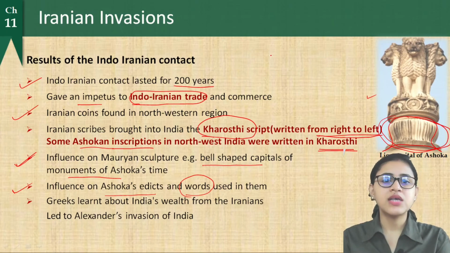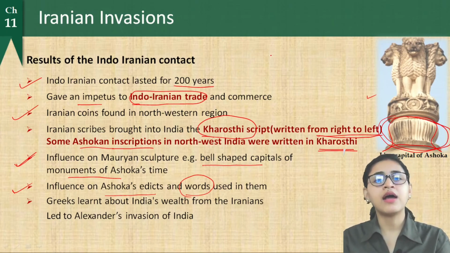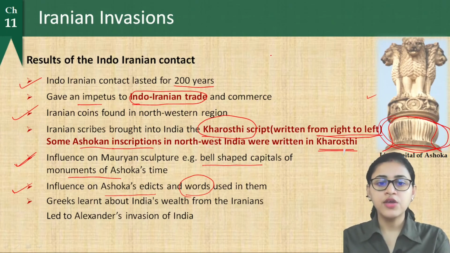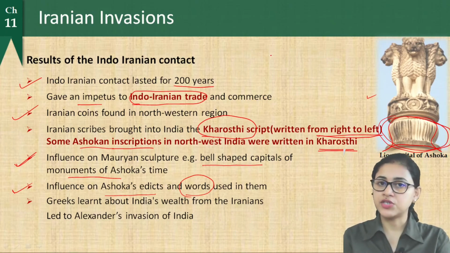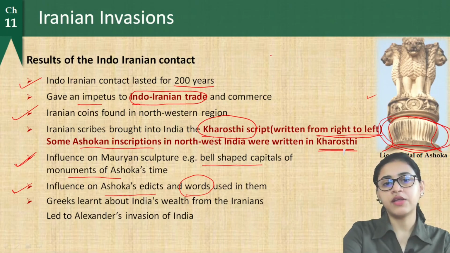So this is how the Iranian contact has led to other foreign invasions. From the Iranians, the Greeks learned about India, and thus later this led to Alexander's invasion of India. We will talk in detail about Alexander's invasion in the next lecture. So this is about the Iranian invasion.